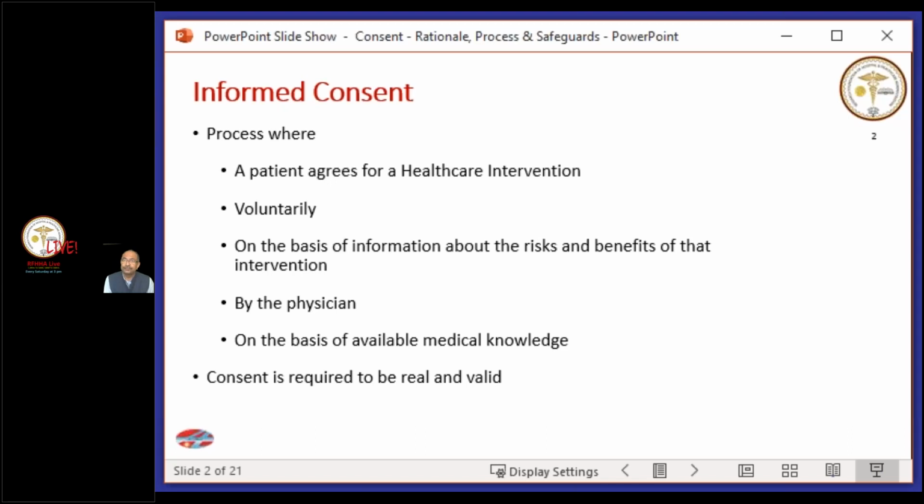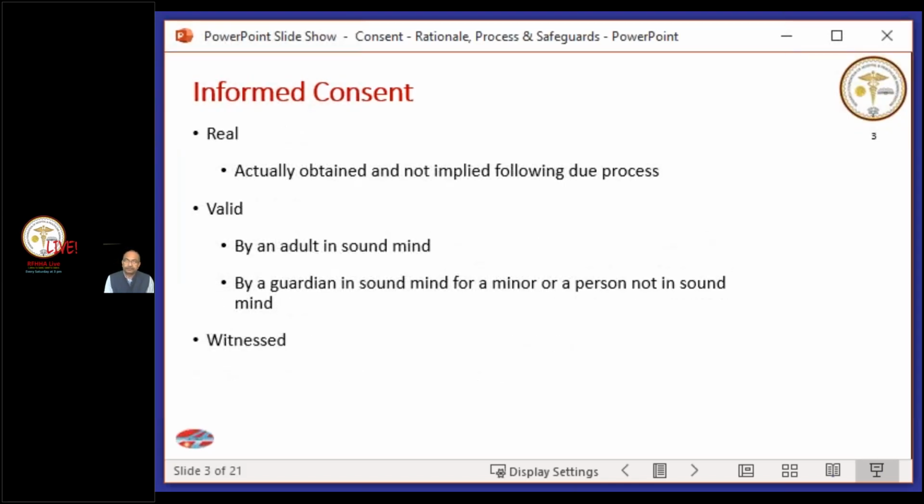A consent needs to be real and valid, and I'll cover this in a while, what is real consent and what is a valid consent. So moving on. A real consent is something that is actually obtained and it is not implied. So we know that there is something known as implied consent, and we also know that there is something known as informed consent.